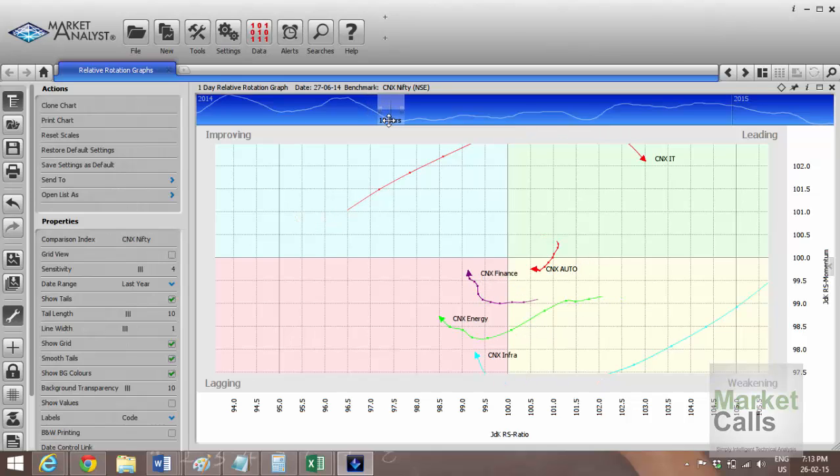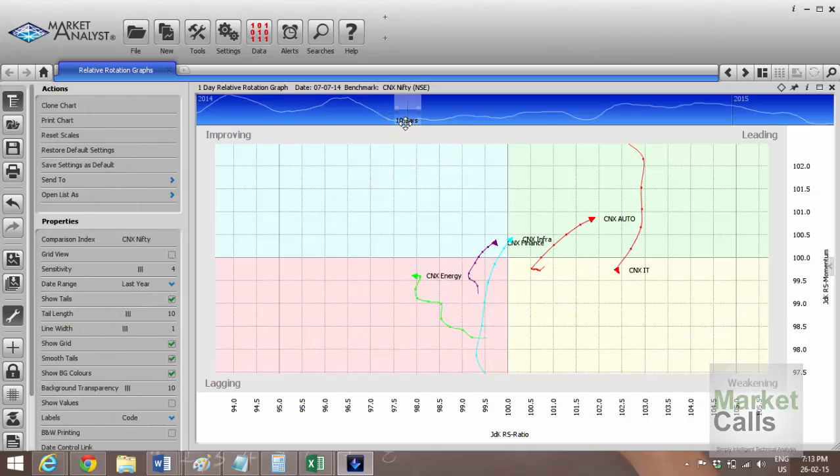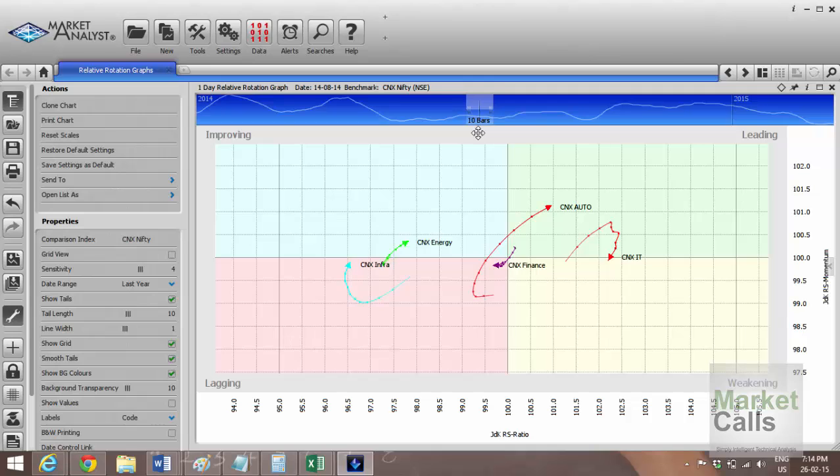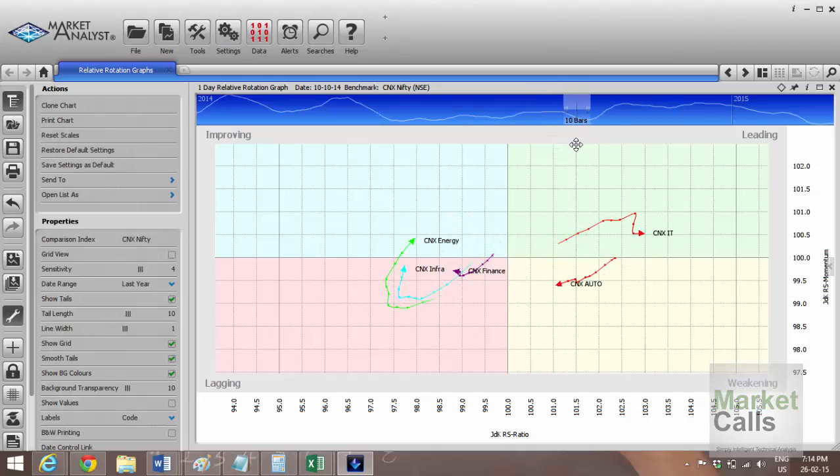It's going out of the screen, which means the momentum is very strong. Now once again from the leading pack onward, you can see how the sector rotation is happening, and with this we can easily pick strong sectors. You can see the clockwise rotation happening for various sectors.